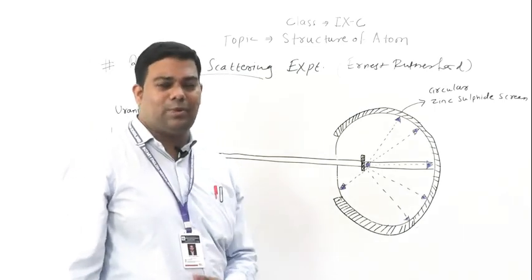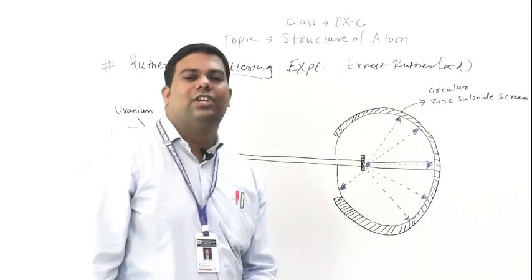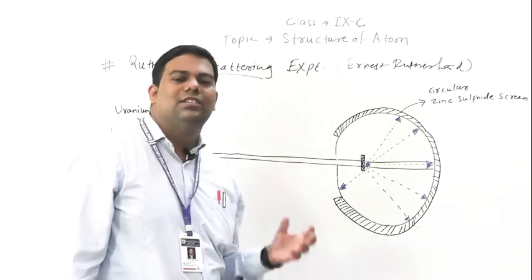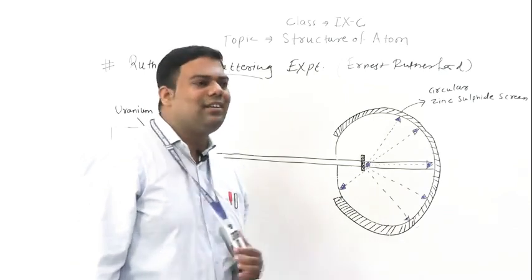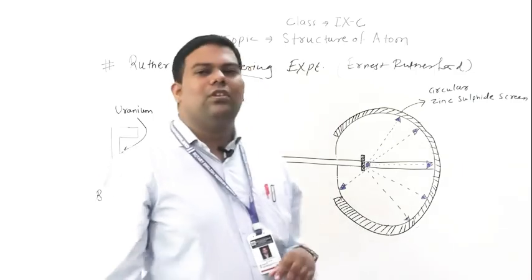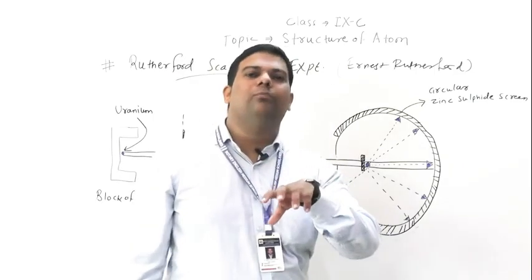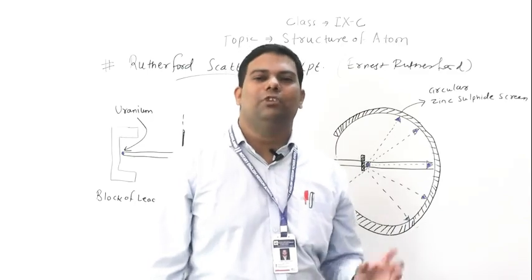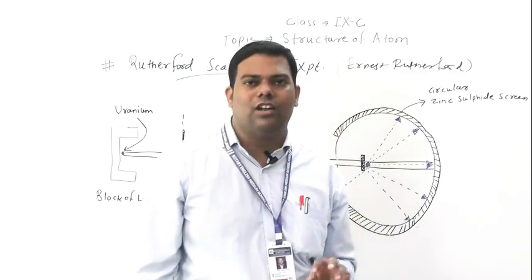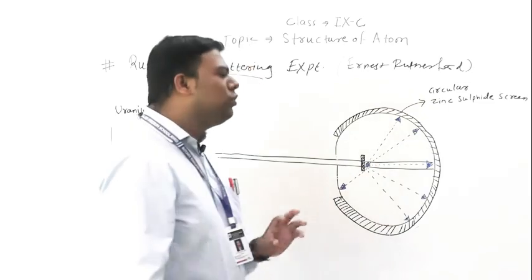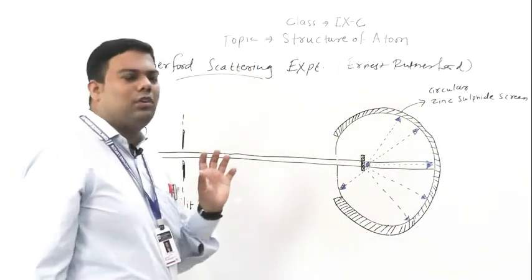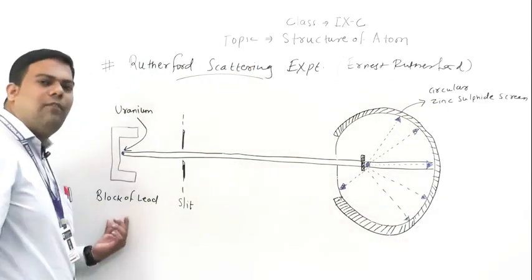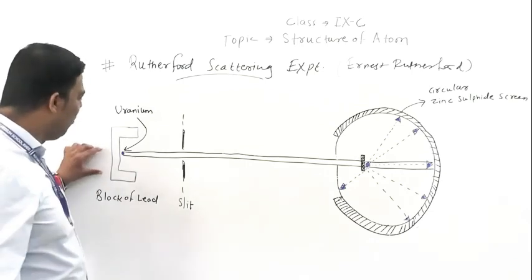His famous experiment is the alpha particle scattering experiment. In that, we found the actual position of electrons and protons, and whether there are empty spaces in the atom or not. He took a block of lead and uranium as the source of alpha particles.